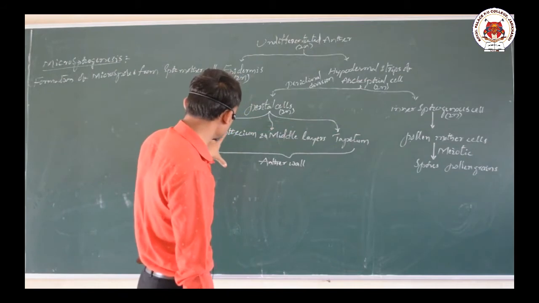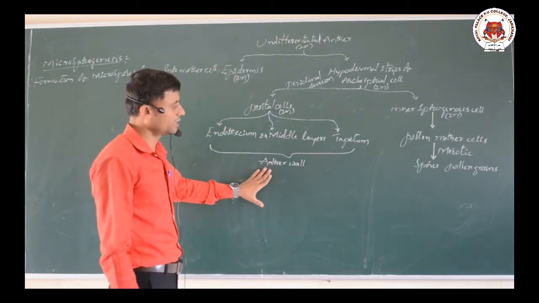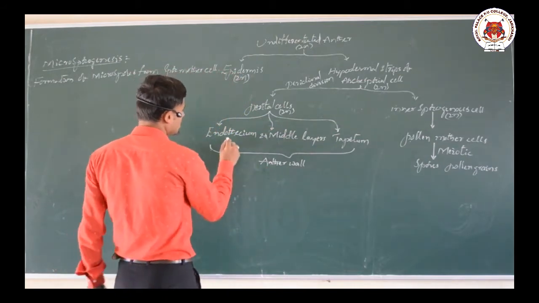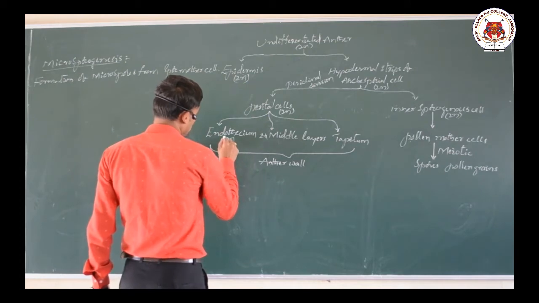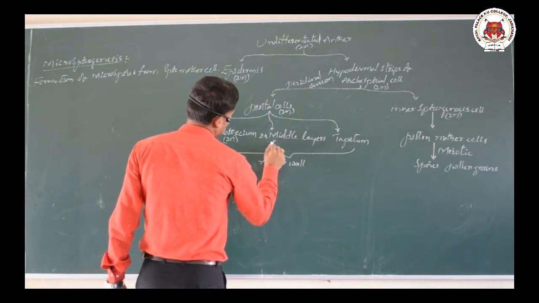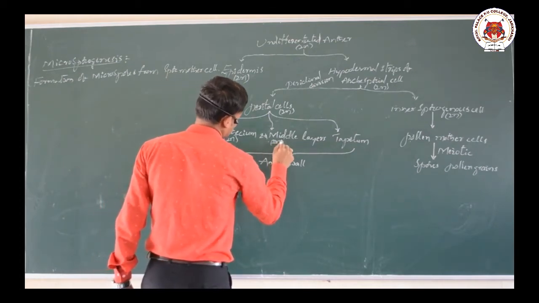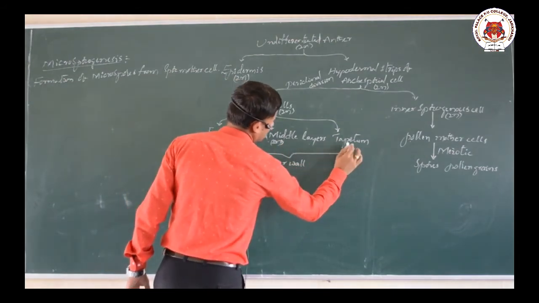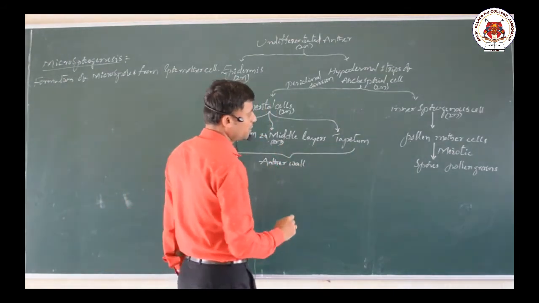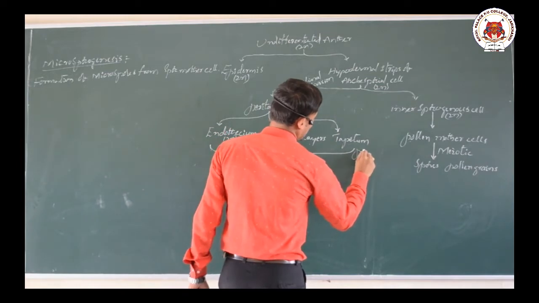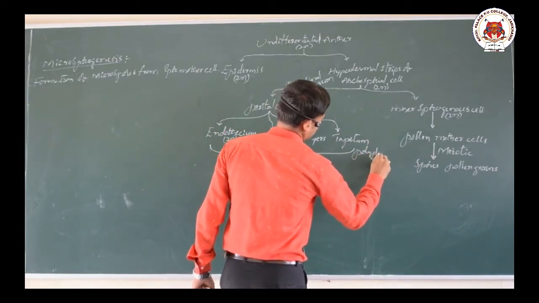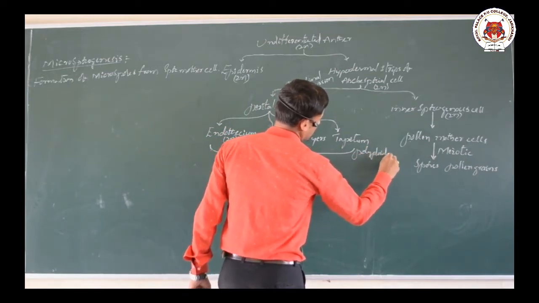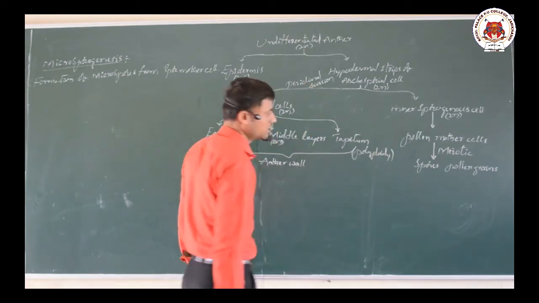All these three layers collectively we call the anther walls. Each layer of the anther wall is in a diploid condition, but the tapetum is in a polyploid condition.